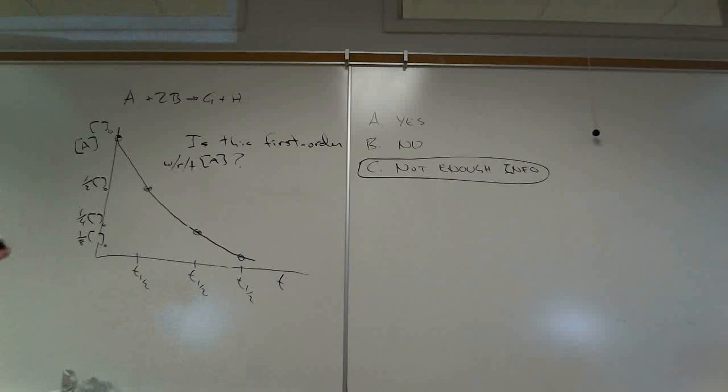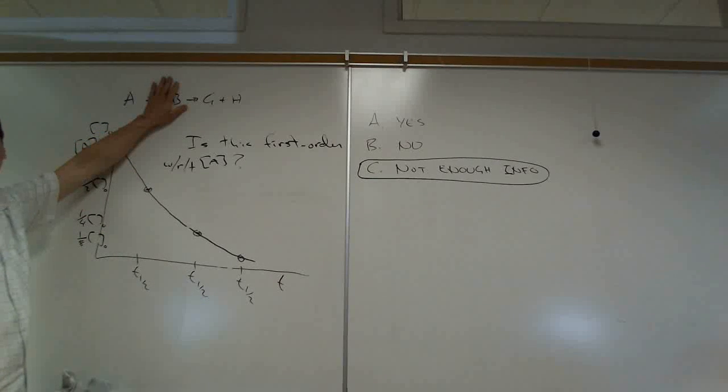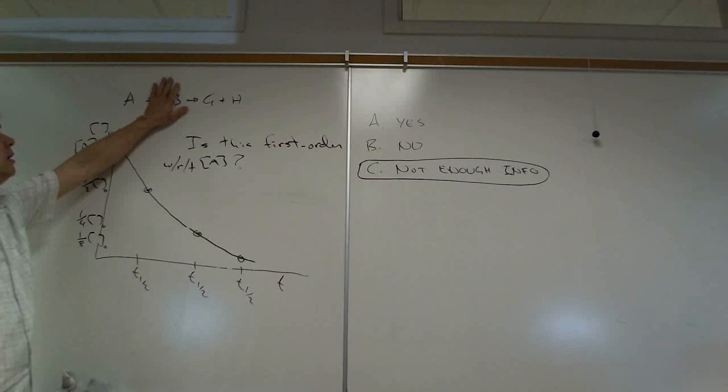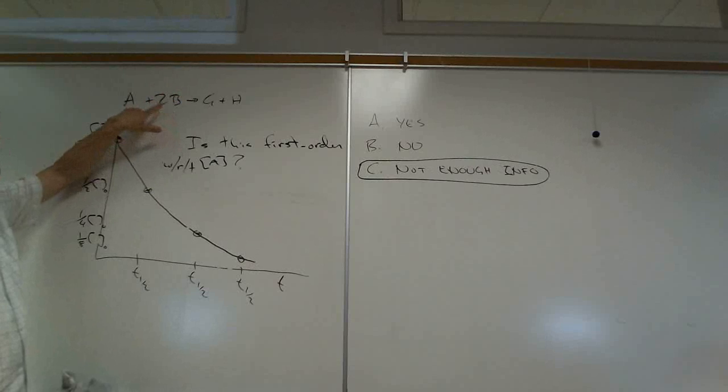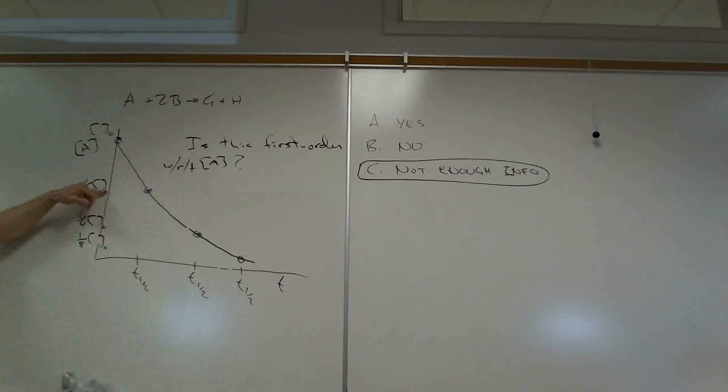When we were looking at these graphs, I didn't tell you that all the graphs were valid when we had one reactant decomposed into product. And so just a simple decomposition like this. But what happens if you have two reactants here? Because if A gets cut in half, what's going to happen to B?